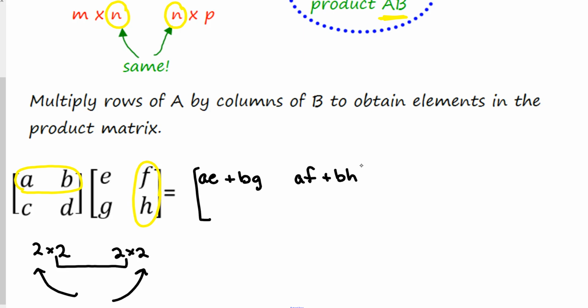Now we're going to move on down to the second row of the first matrix, first column of the second matrix. So across and down. We're going to multiply C times E plus D times G. And then for the fourth combination, second row, second column, across and down, C times F plus D times H.